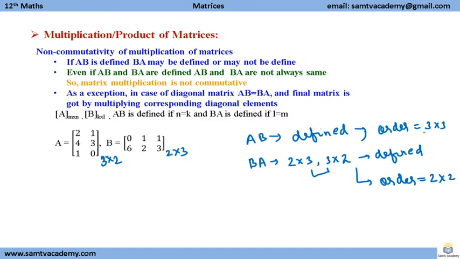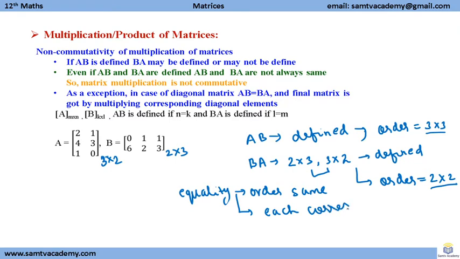We can see here that their orders are different. It is a 3 by 3 matrix and a 2 by 2 matrix, so they are not the same. For equality of matrices, we know that the condition is that their order should be the same, and then each corresponding element should be equal.